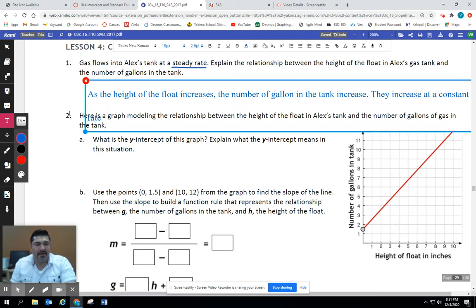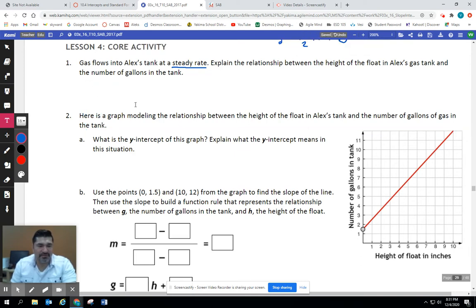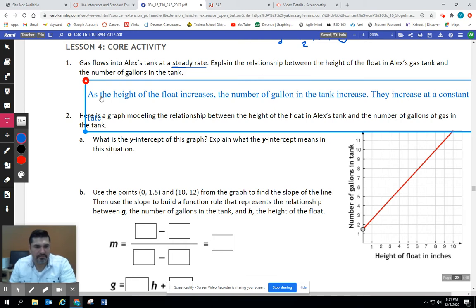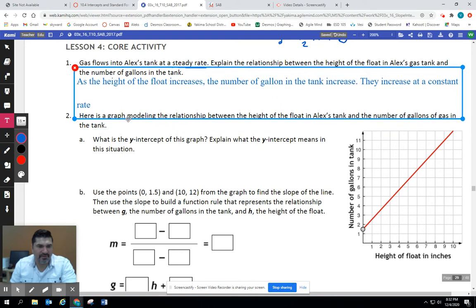Okay, I apologize for this going down here, but whoops. See if I can move it up a little bit. Oh, it's better. Okay.